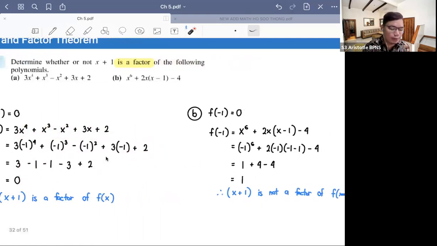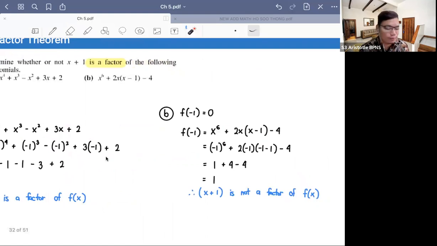However, by looking at letter B, I think you guys know what's the answer, right? So using the same x plus 1, let's check if this is exactly divisible by x plus 1. So f of negative 1 is equal to the given function, and we substitute the x terms here with negative 1. That's how I got this. When you simplify this, you'll get 1 as your answer, which makes it not a factor of the function.